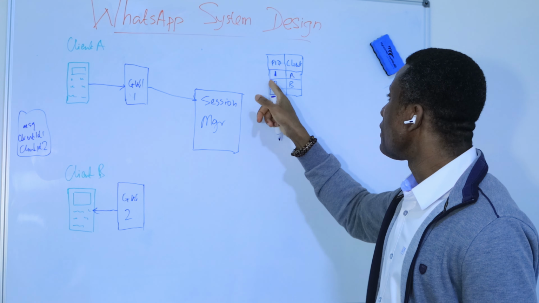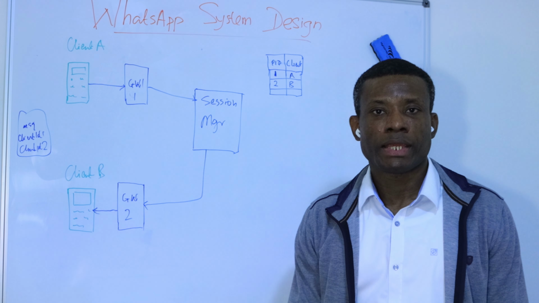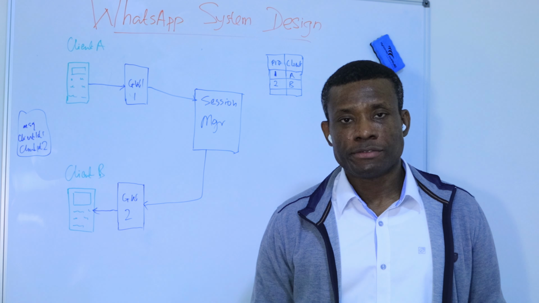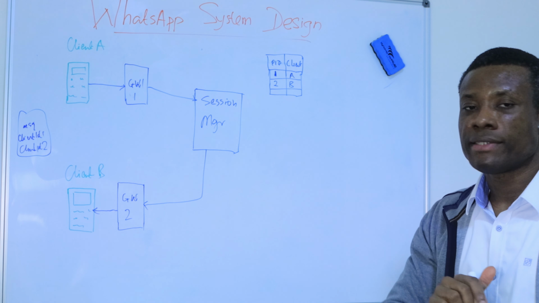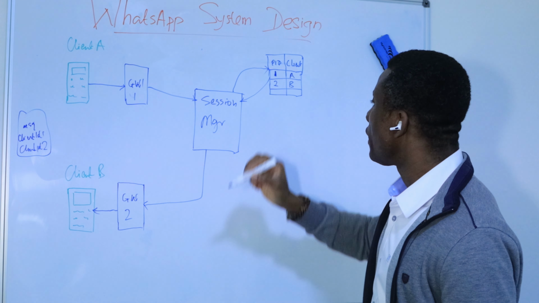This should be a cache. It's going to find client B and route that message to client B. So this is what happens when a message is sent successfully. It's as simple as this. But this also looks up this table, so let's just add this arrow here.